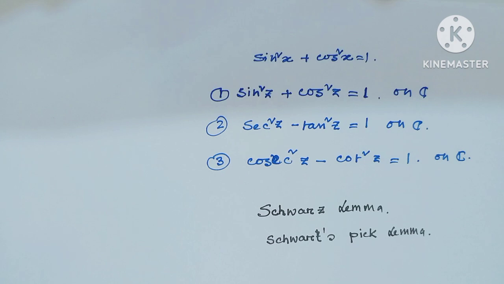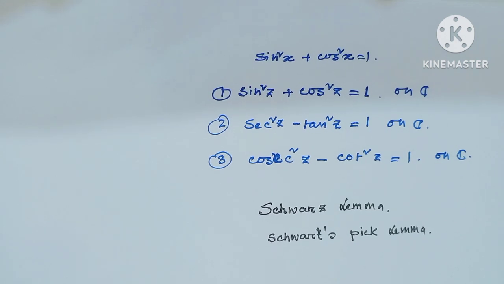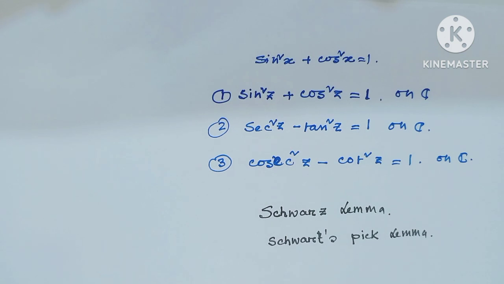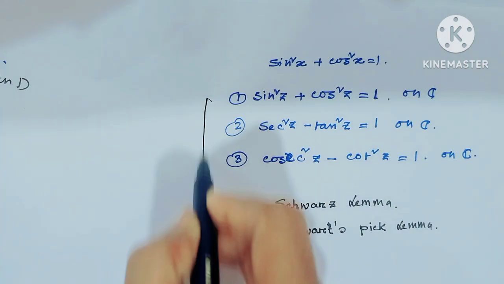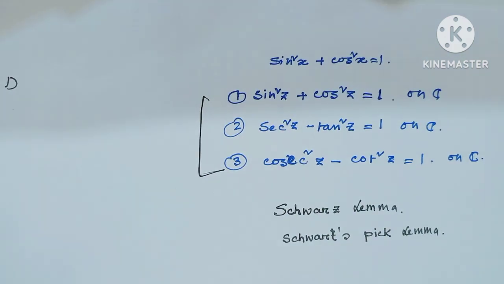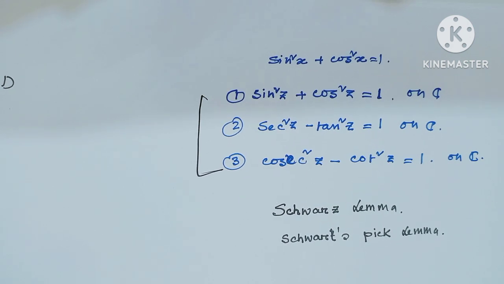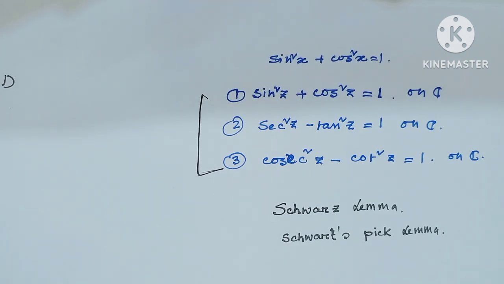Similarly, sec squared z minus tan squared z equal to 1, and cosec squared z minus cot squared z equal to 1, on the whole complex plane. At first I will see this part, then I will discuss a new topic, the Schwarz Lemma.